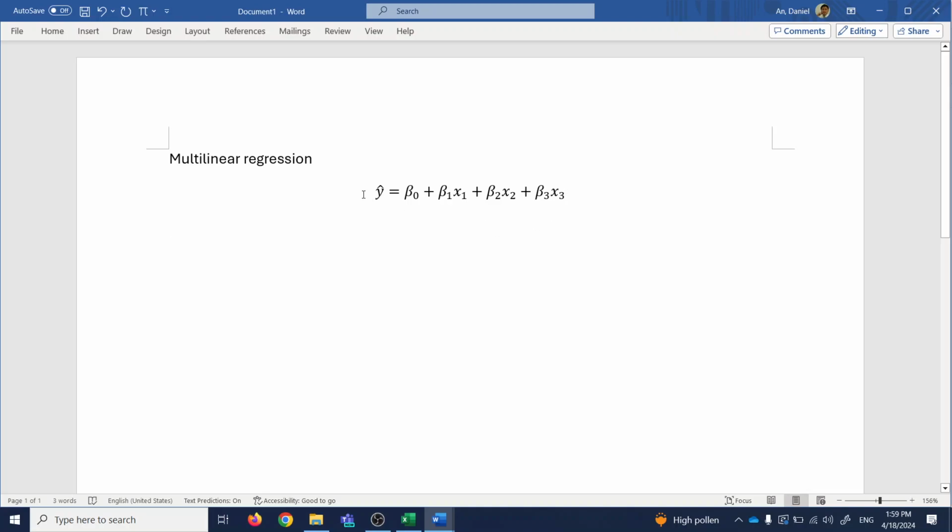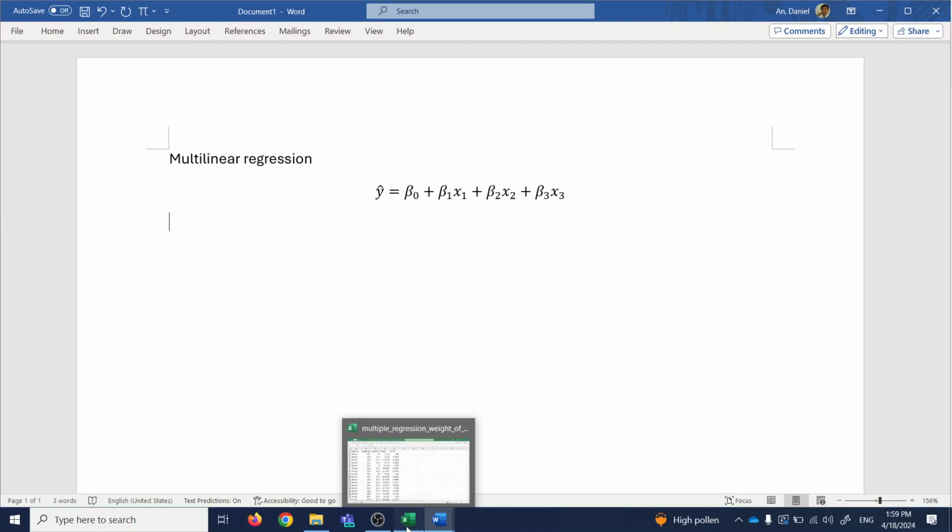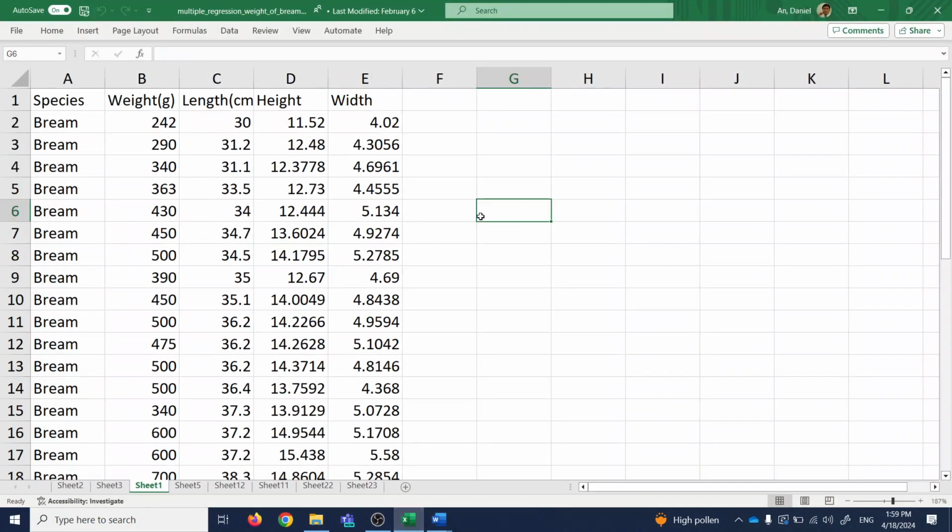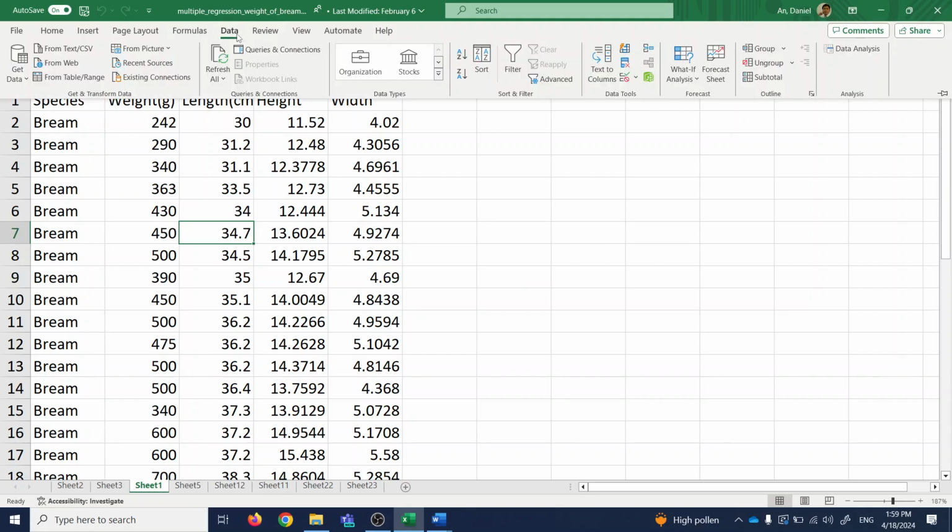I'll probably not be able to show you the calculation because it's too long, but I will show you the formula for getting these coefficients. Now, today what I want to show you is how you can get such a thing in Excel. And I have to explain what the output of the Excel means.